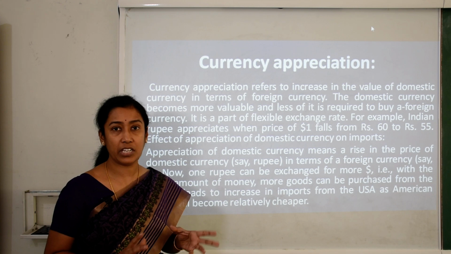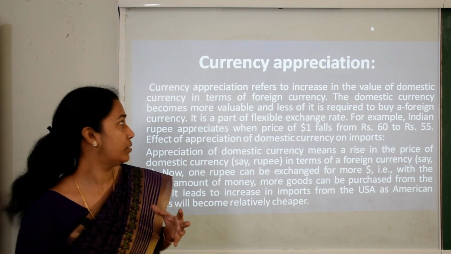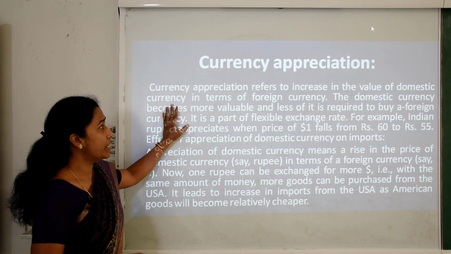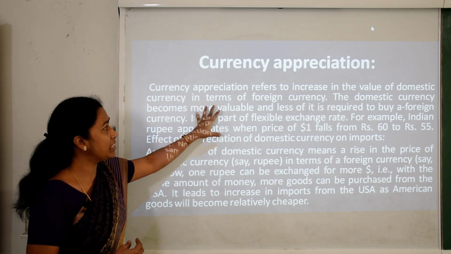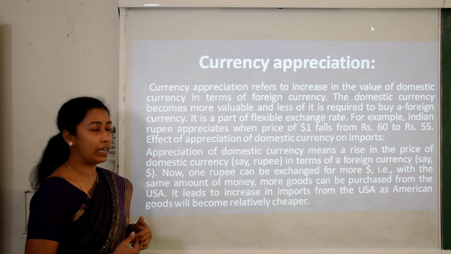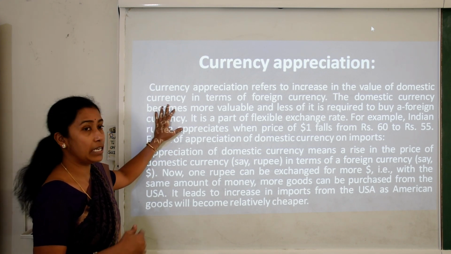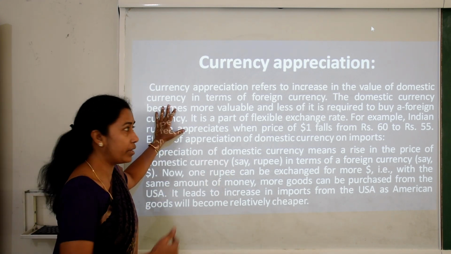Now, currency appreciation and currency depreciation. Appreciation means something which is moving higher. So currency appreciation refers to an increase in the value of our domestic currency in comparison to foreign currency.